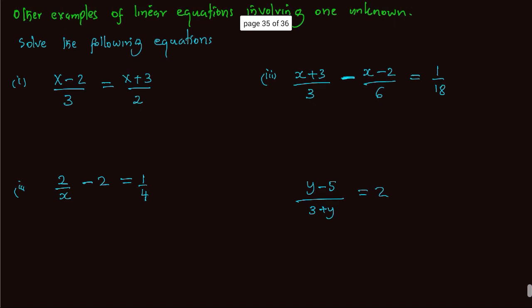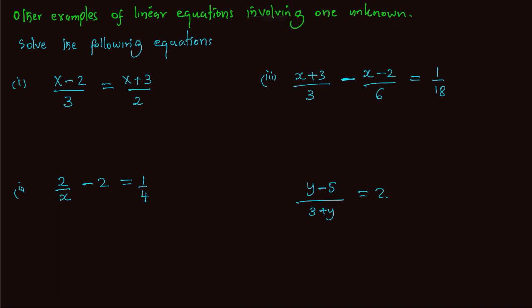Other examples of linear equations involving one unknown include the following. Solve the following equations. So like in the first example, we have x minus 2 over 3 is equal to x plus 3 over 2. We can cross multiply the equation. 2 into x minus 2 will be equal to 3 into x plus 3.